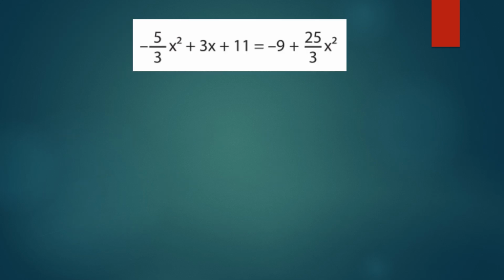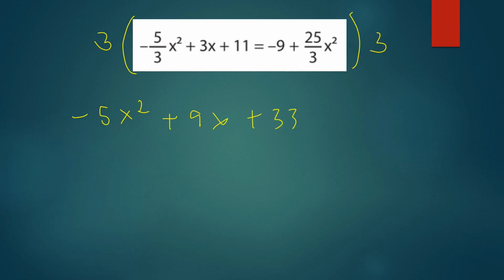We have fractions as coefficients, but our a, b, c must be integers, so we can multiply both sides by 3. So we will have here negative 5x squared plus 9x plus 33 equals negative 27 plus 25x squared.